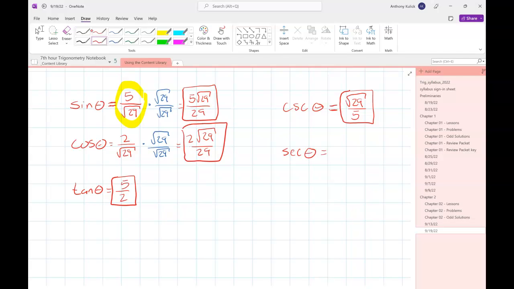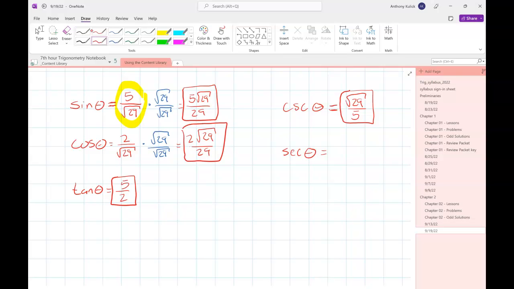Okay. Secant theta is the reciprocal of cosine. Yep. So hypotenuse over adjacent. But I'm not going to go back to the triangle to look at this because I've already found the answer for cosine.